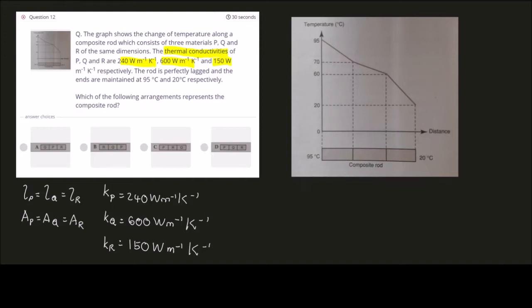So now they say the rod is perfectly lagged. Okay, perfectly lagged, you probably see in a lot of the questions already. Perfectly lagged means perfectly insulated. So no heat loss. Because it's perfectly insulated, because it's having no heat loss, that's why you see all three lines here to be linear.